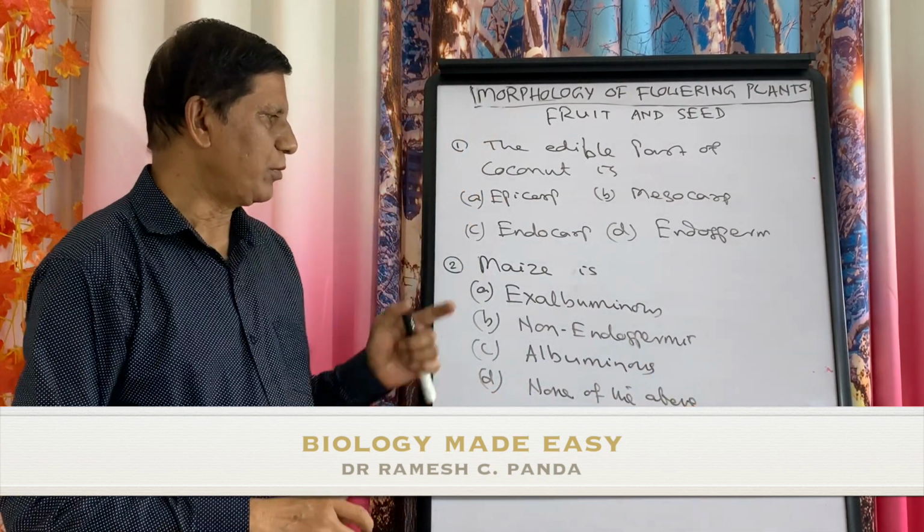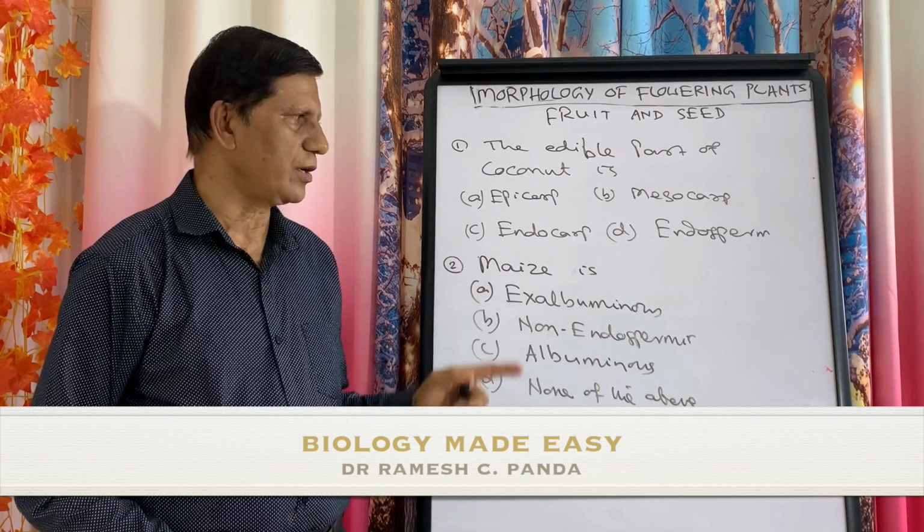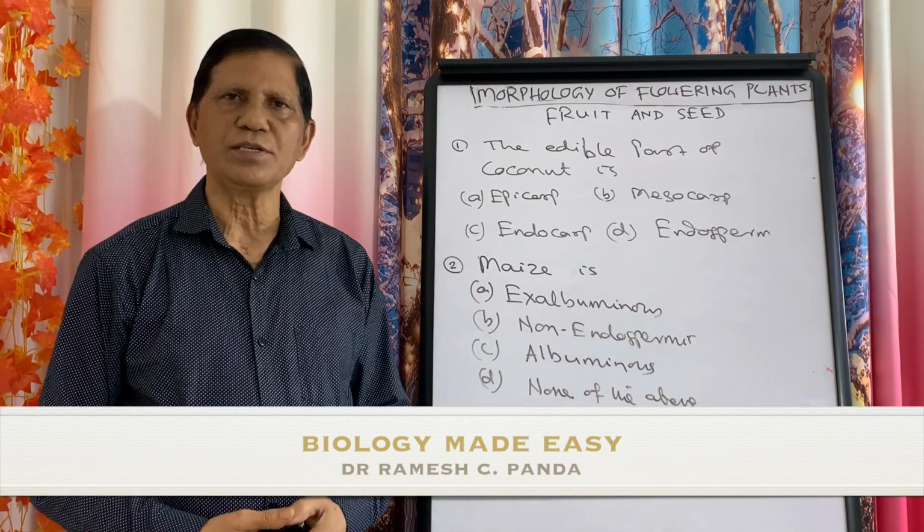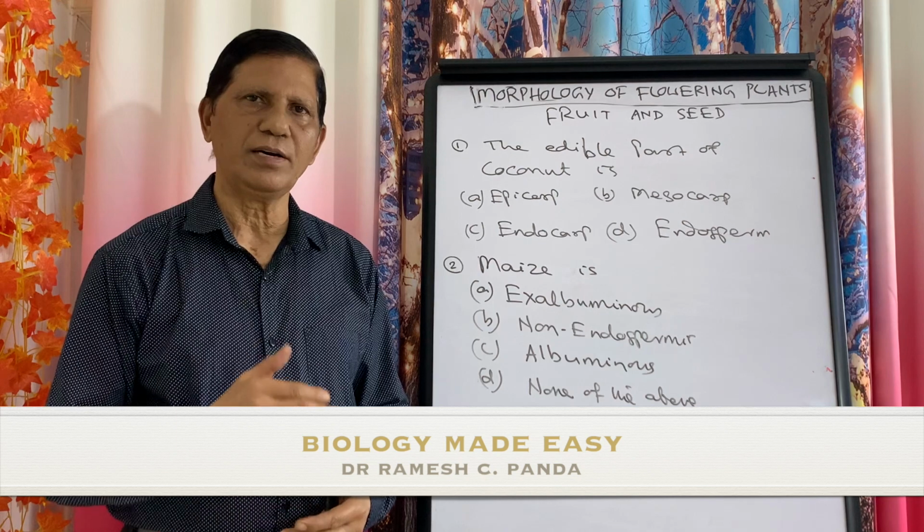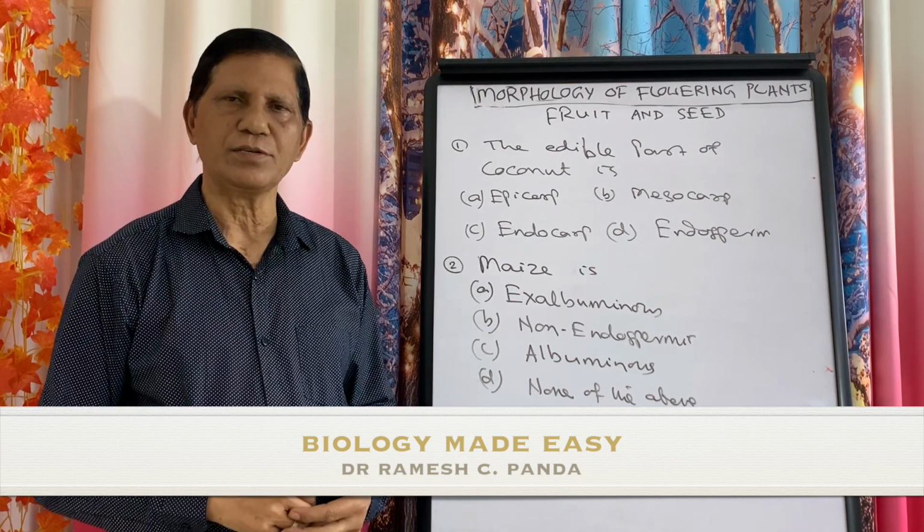So you will be able to answer both the questions. We have discussed all those things, and these are the type of questions which are usually asked in all national type of examinations like NEET.